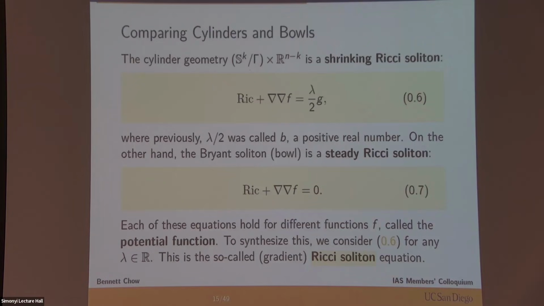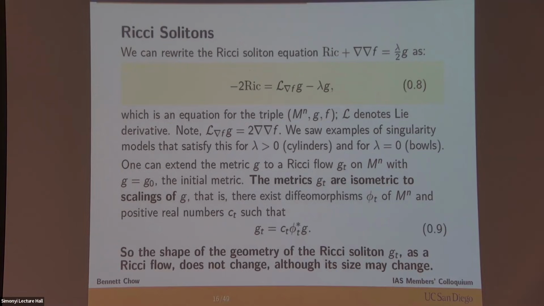But for here, we could just say that a soliton is simply a manifold, a metric, and a function that satisfies this equation. And the only question would be how it would arise in singularity analysis. But you can think of it simply that way.